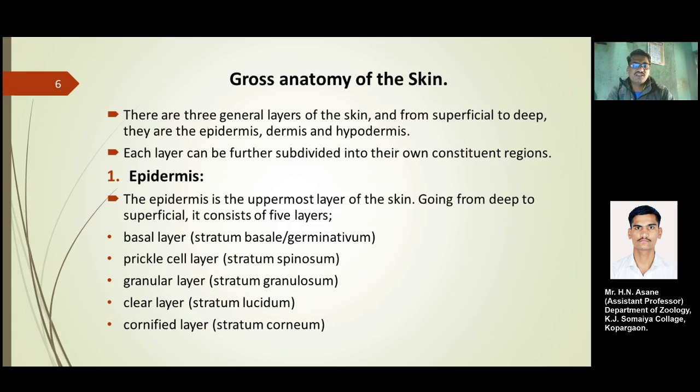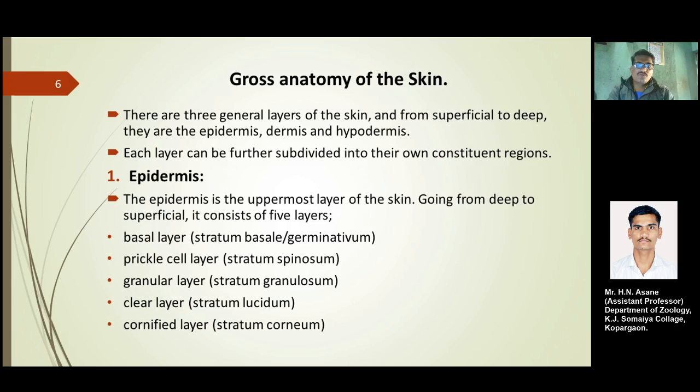So let's start with the epidermis, what it comprises of. The epidermis is the uppermost skin layer, and going from deep to superficial, it consists of 5 layers. We are going to see the sublayers of the epidermis.